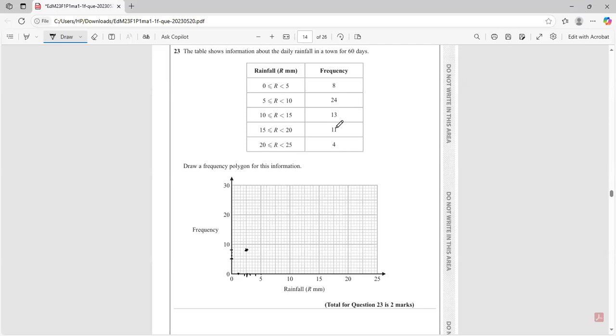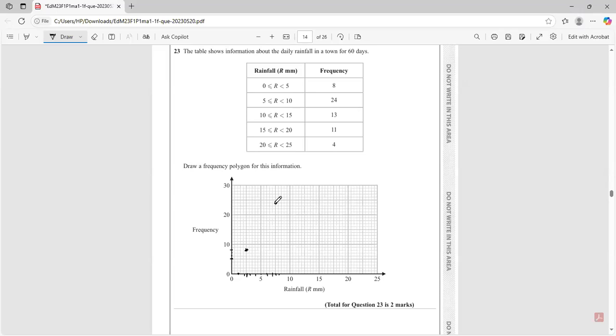So 5, 6, 7. 7.5 will be directly between 7 and 8. So 7.5 is here, and 24 will be somewhere 20, 21, 22, 23, and 24.